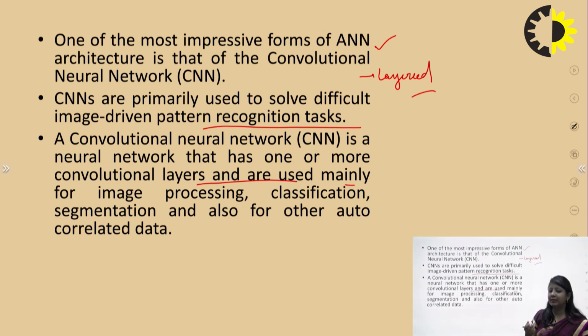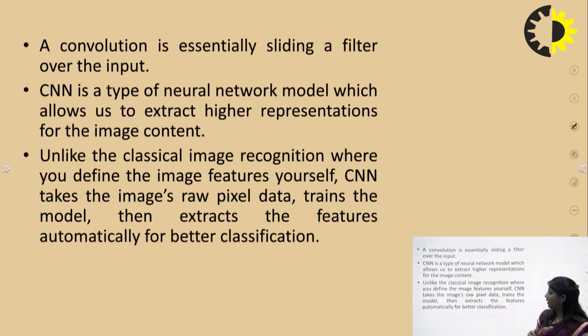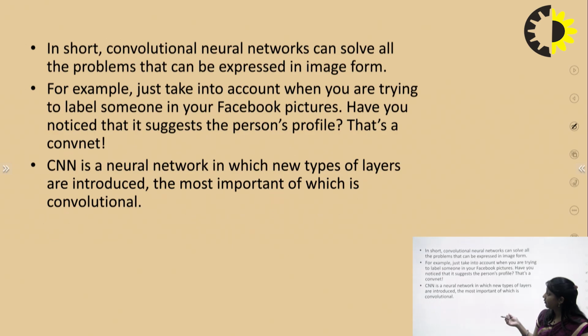I already told you we also have connected layers in CNN. We all know that for processing an image we need some image segmentation algorithms and also other autocorrelated data. How is it used?